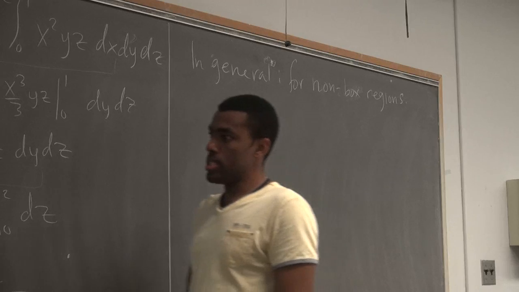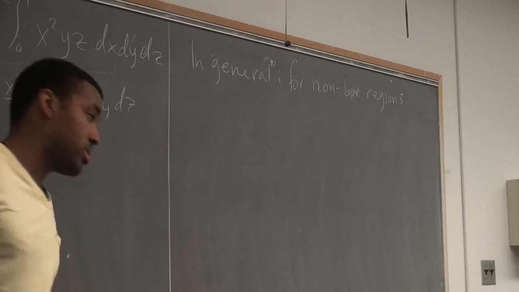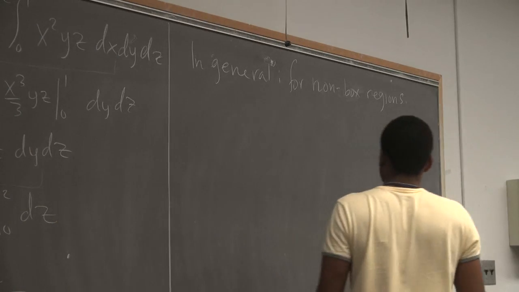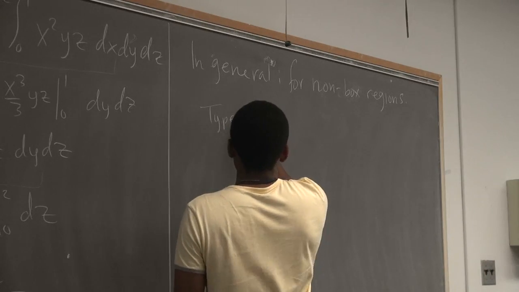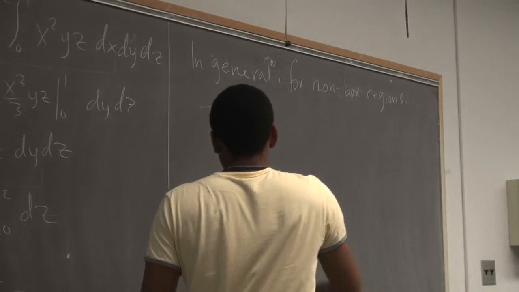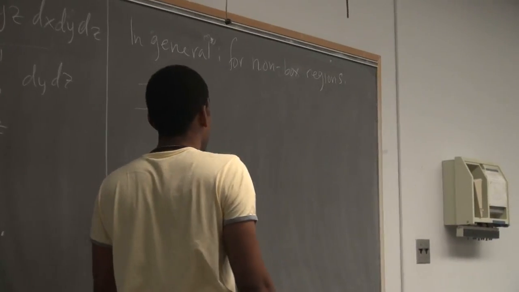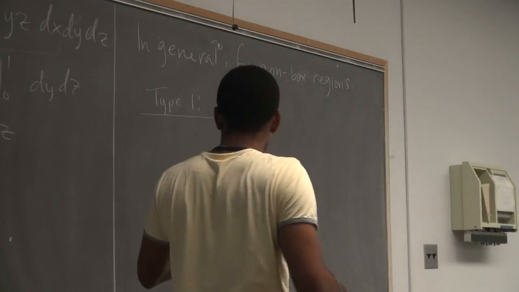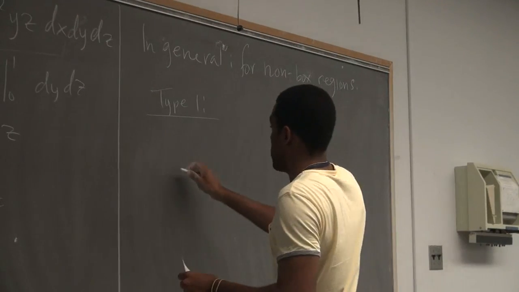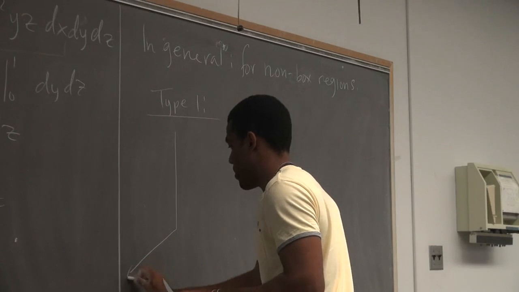So again, your book describes this in 3 types. Back for double integrals, we had 2 types. Now in triple integrals, we have 3 types. I don't care if you know what type refers to what, just recognize how to set one up in each case. So your book calls this one type 1, and that's the one where the region of projection of your double integral is in the xy plane.